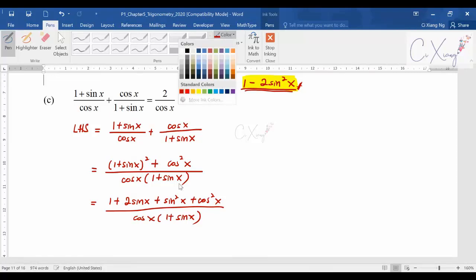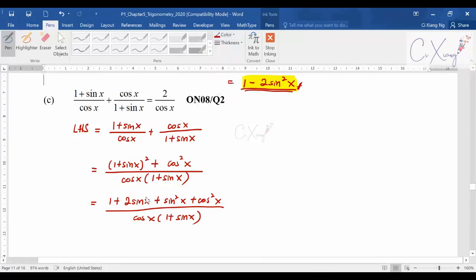Looking at the details of the steps, sine square x plus cos square x is 1, so 1 plus 1, I get a 2. I have 2 plus 2 sine x divided by cos x (1 plus sine x).